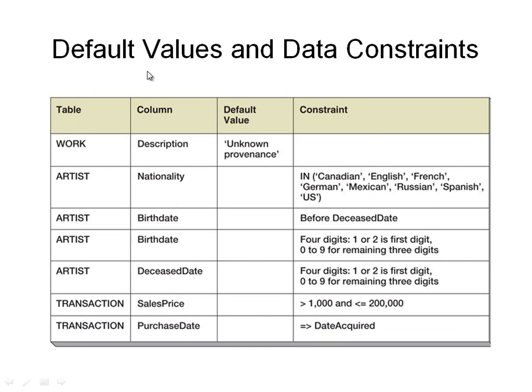So the different tables that I have: we have the tables work, artist, transaction, and the columns, we have description within work, nationality within artist, birth date we have within artist, deceased date, sales price, and purchase date. The default value is left empty here, but if we have a default value, we can fill it.